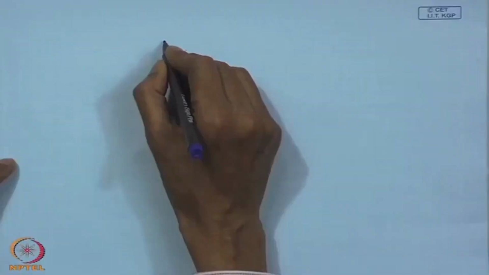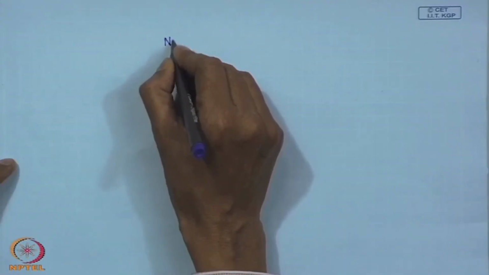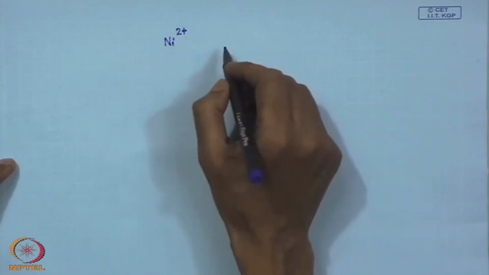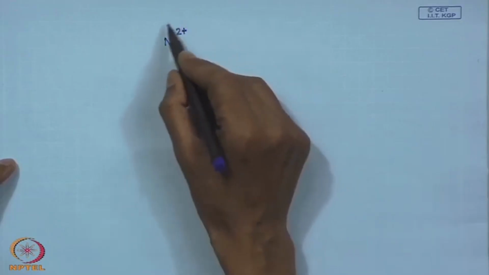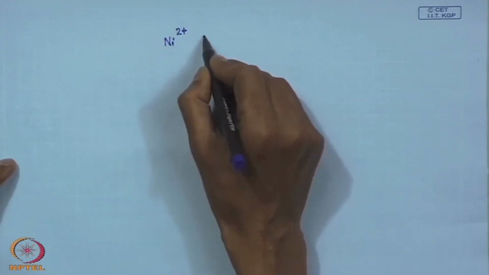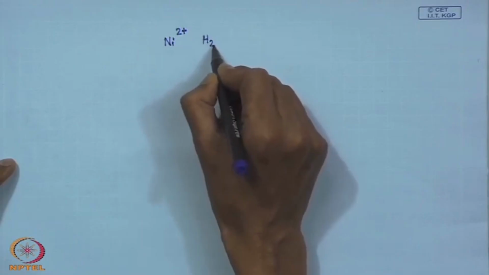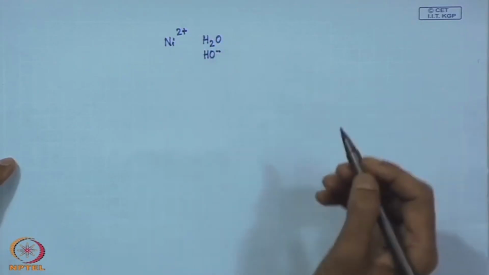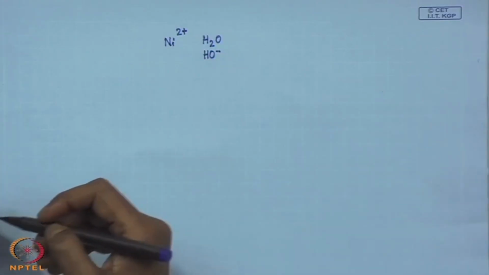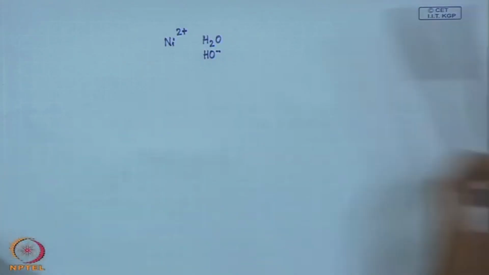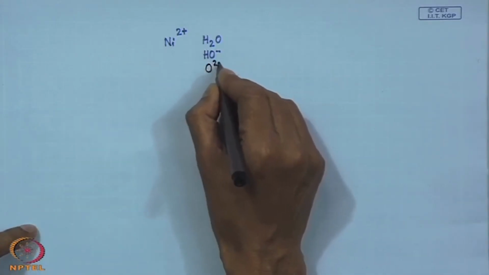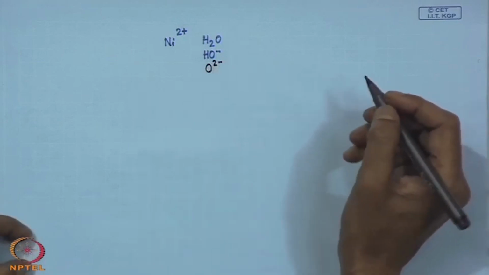So far we have seen that a particular metal center, say nickel 2 plus, and the other species around this nickel center can be our simple water molecules, or the hydroxide ion when we get the nickel hydroxides. So these species basically, including the corresponding doubly deprotonated species like the oxide anion.